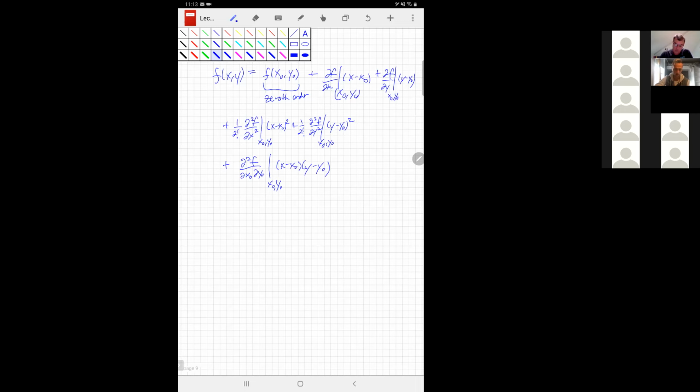And then when we go to third order, we get 1 over 3 factorial, partial cubed, partial x cubed, all the things you would expect.